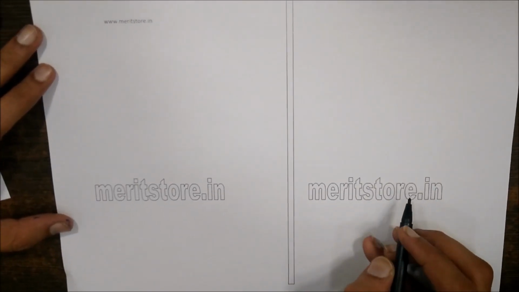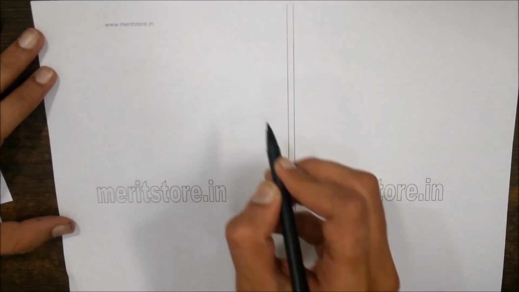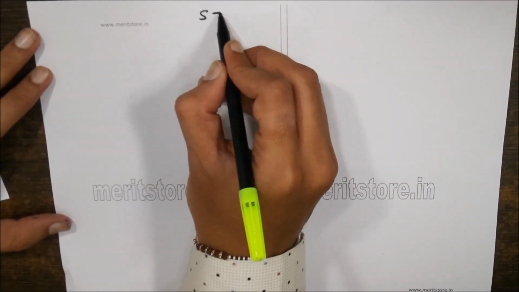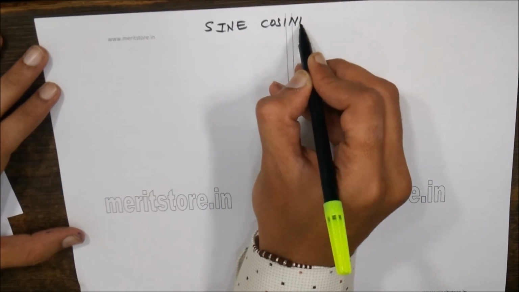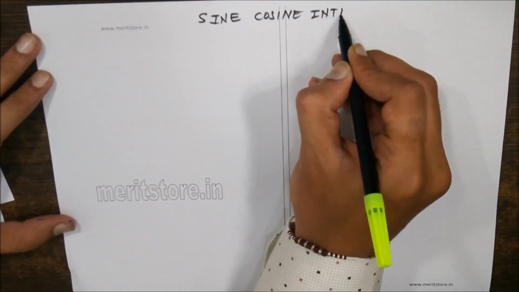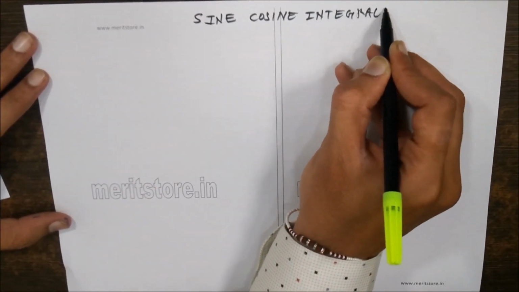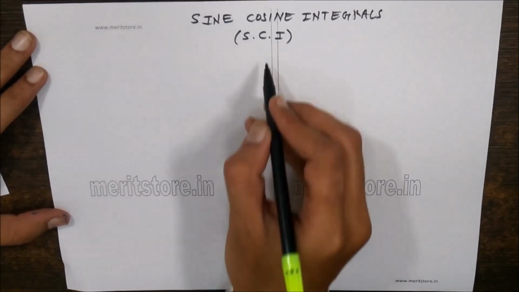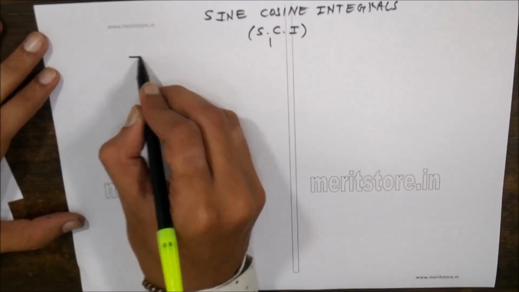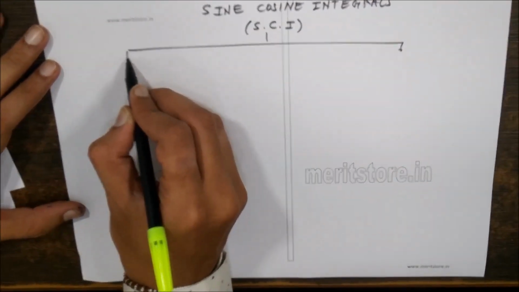Starting with the fifth type, what we'll call the sine cosine integrals. As a short form, we'll write this as sine cosine integrals. We'll be dividing this into 4 halves.